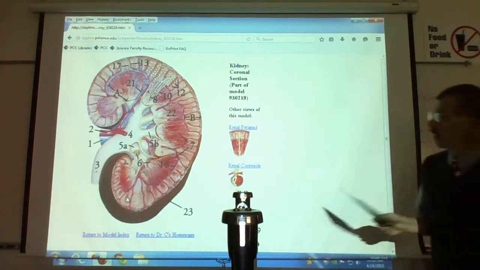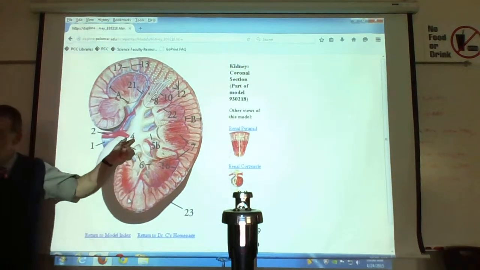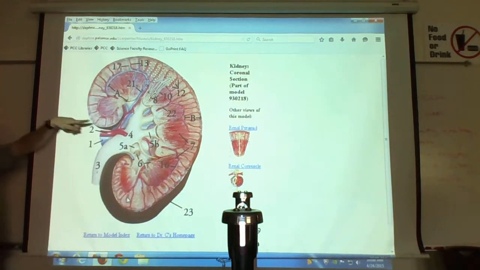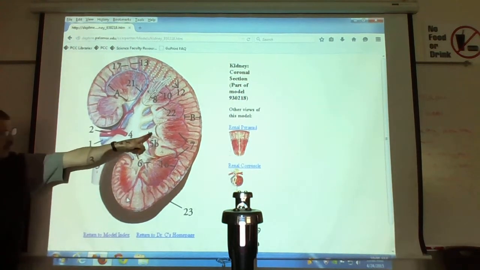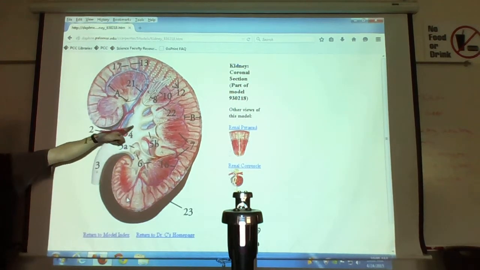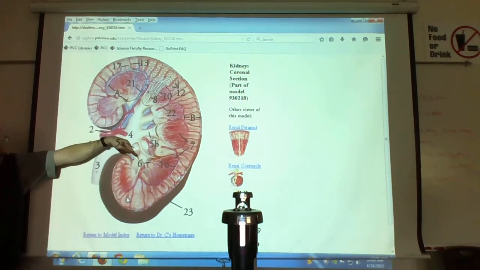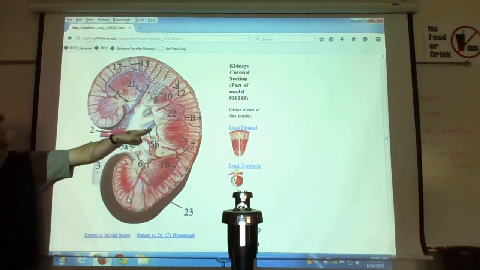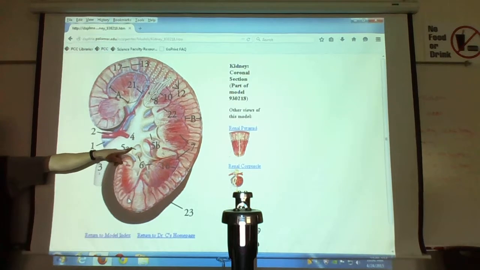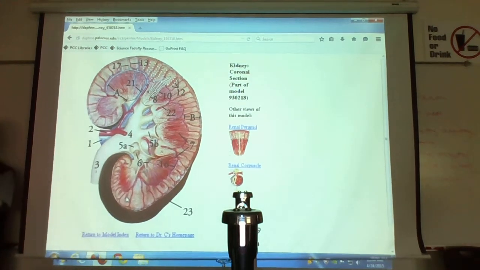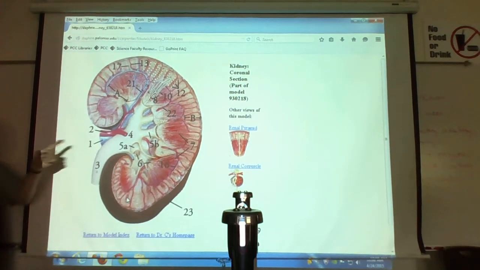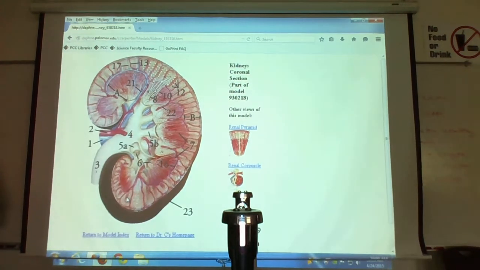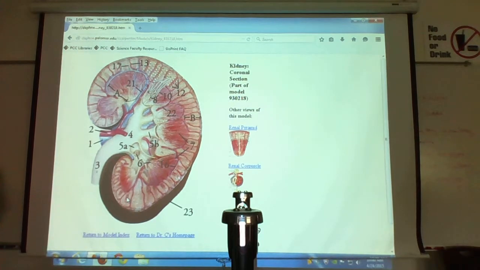All right. So what was number 4 again? Renal pelvis or renal sinus. You're going to draw your eye to 5A and 5B. So if the pelvis branches this way, and there's big branches and there's littler branches. How would you say the big branch? Major calyx or calyces. And the littler branches, like here and here, are minor calyces, or calyx is one of them.